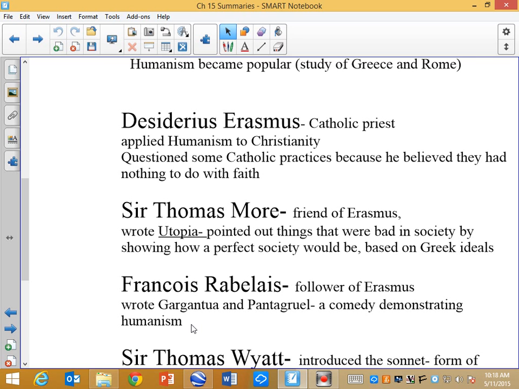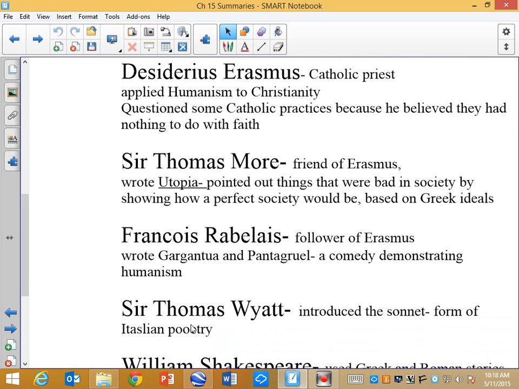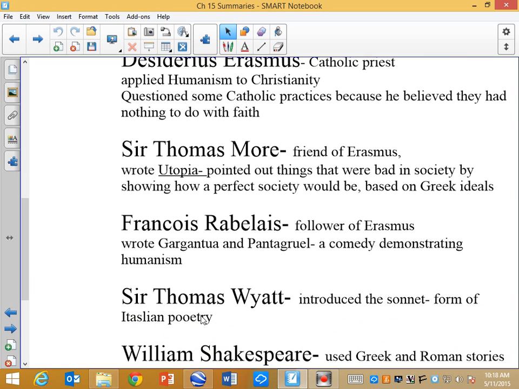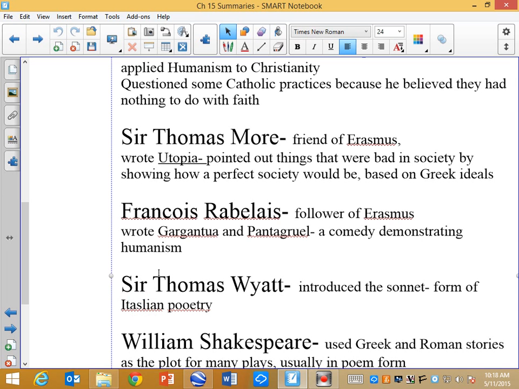Then, as we move forward, there's Sir Thomas Wyatt. Sir Thomas Wyatt is really important to us because he introduced this new form of poetry called the sonnet. And yes, I see right there, Italian is misspelled, and so was poetry.